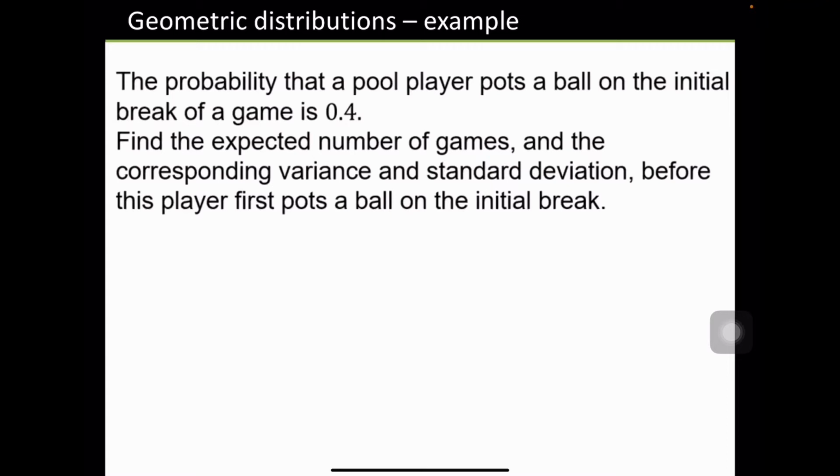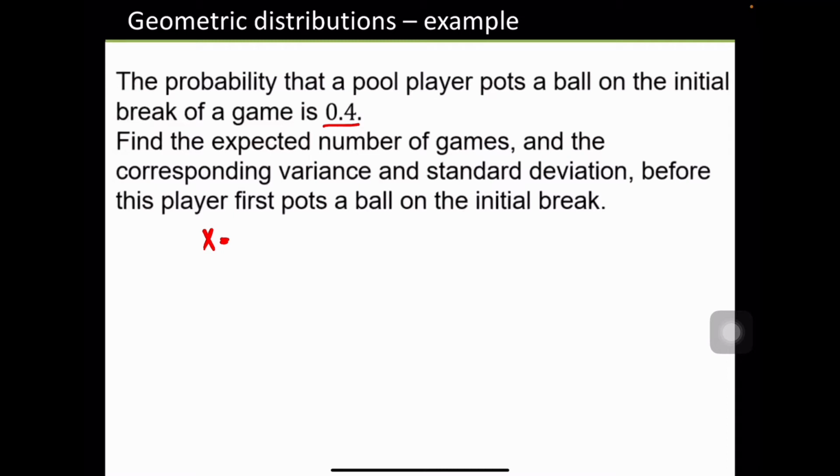The probability that a pool player pots a ball on the initial break of a game is 0.4. So we can already say that x represents how many games it takes for a pool player to pot a ball on the initial break.